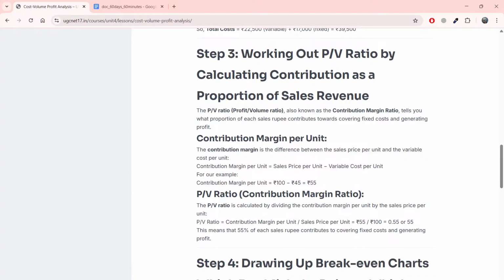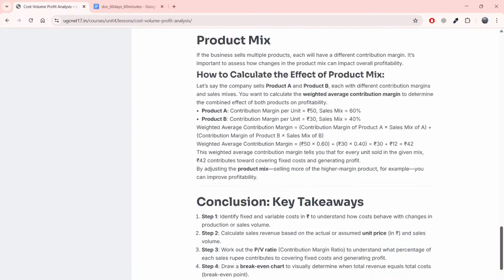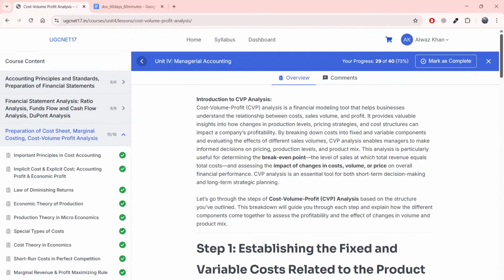Introduction to CVP analysis. This is important.